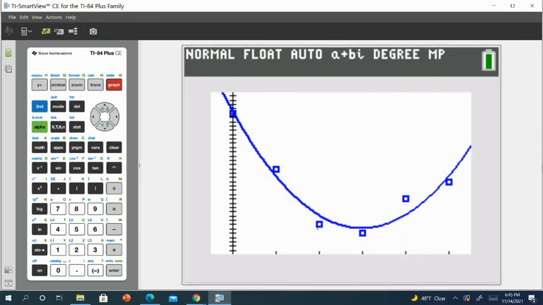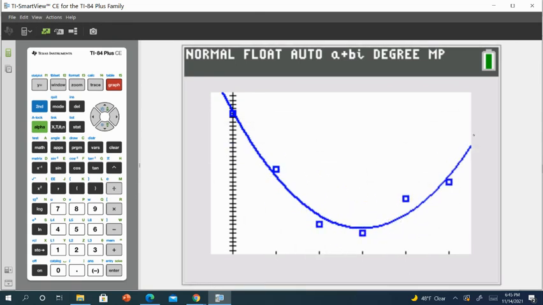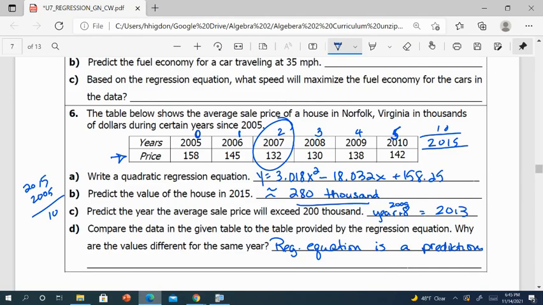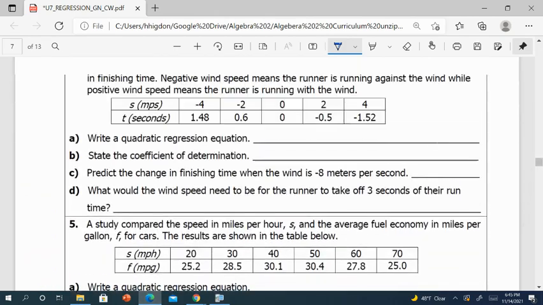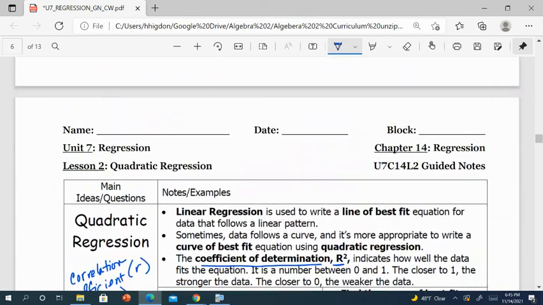So the data points are not going to fit exactly on that curve because, again, it's just a prediction equation. It's not going to fit the data exactly. So there are your notes for lesson number 2 in chapter 14.